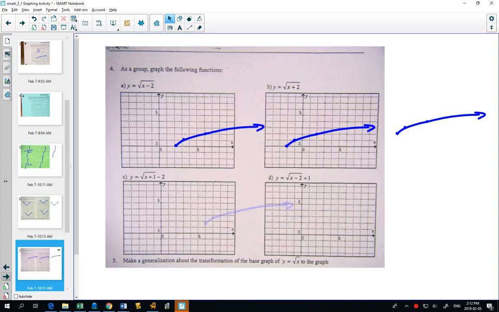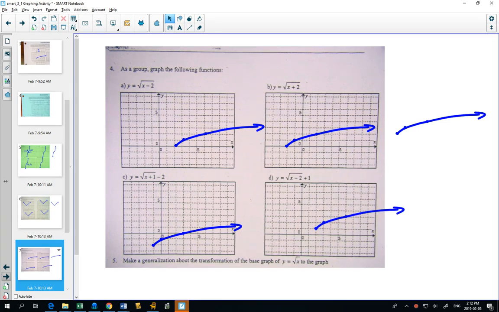For the third one, you have a plus 1 inside the function, moving it 1 to the left. The minus 2 is outside of the function. That will move it 2 down. And finally, we have a minus 2 inside the function, moves it 2 to the right. Plus 1 would move it 1 up. And we have our final graph.